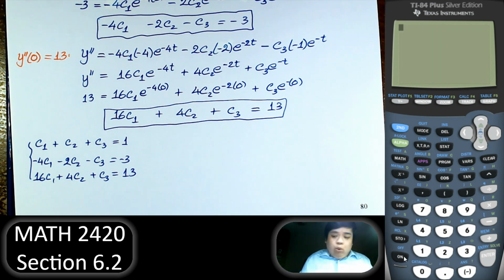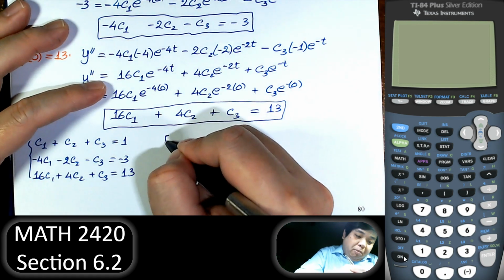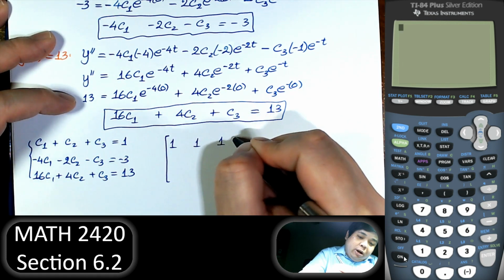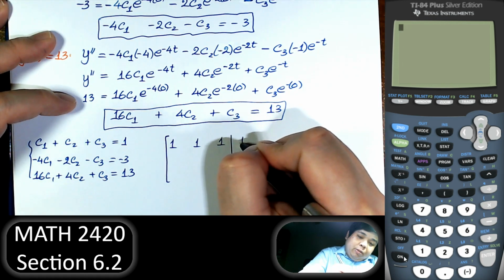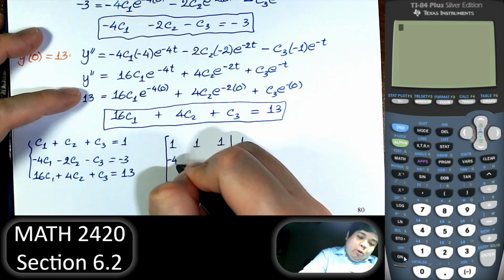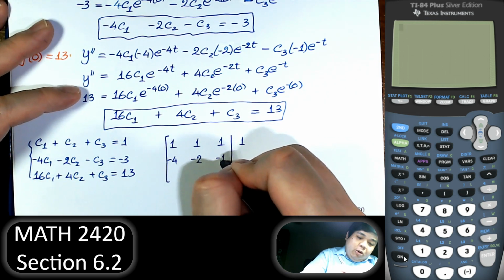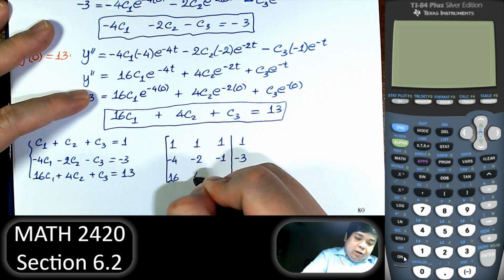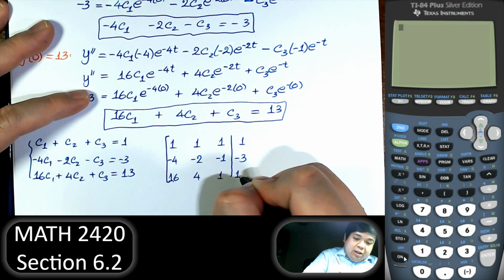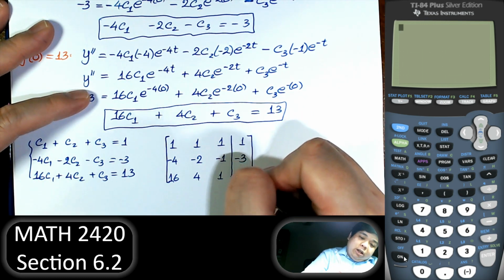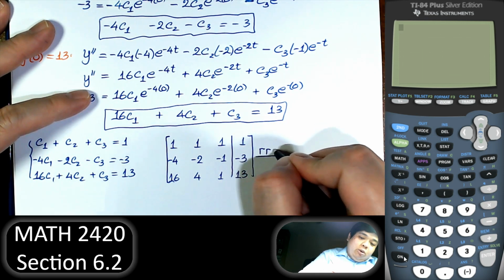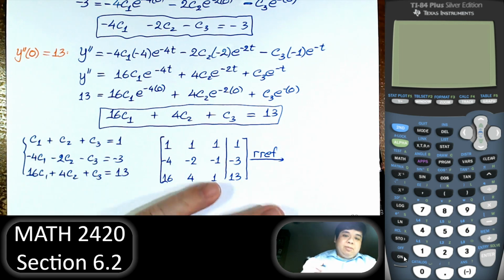So first, I will draw this in the augmented matrix. The coefficients: 1, 1, 1, go to 1, -4, -2, -1, -3, 16, 4, 1, and 13. Once we put it in the calculator, we will do reduced row echelon form.